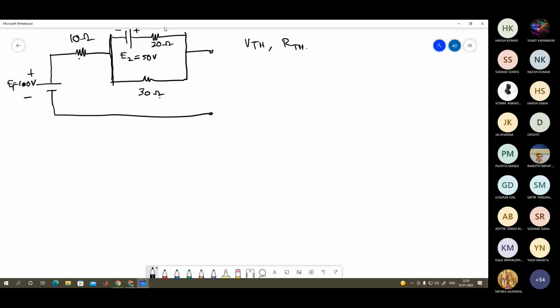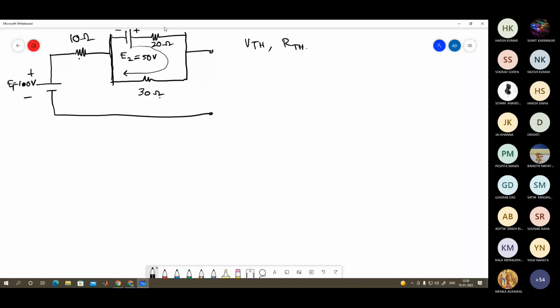Otherwise, there will be a circulating current like this, but there should not be any current through this path, because if a current has to flow through this branch, then this path has to be closed with some resistance or something, which is not there, right?